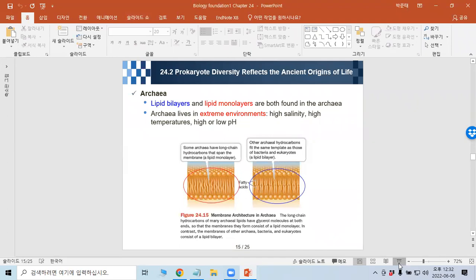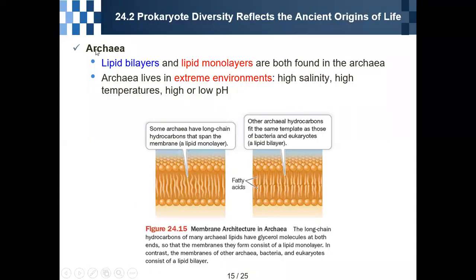And also, Archaea have a lipid bilayer like this, and they also have a lipid monolayer. Both are found in Archaea. For example, they have one fatty acid and two heads, like this.